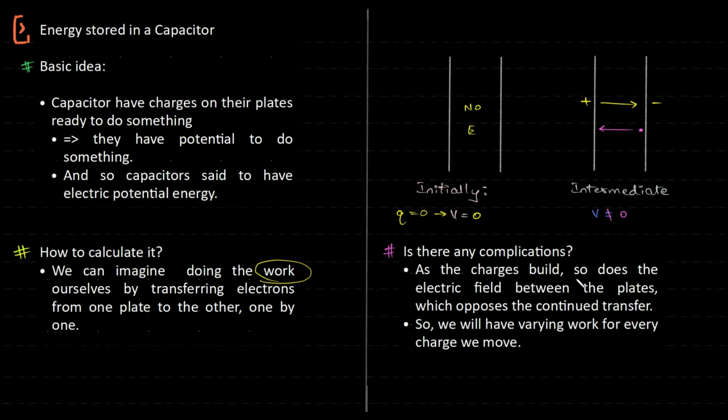As the charge builds, so does the electric field between the plates, right? We had a positive charge and a negative charge on these plates, so they build an electrical field, starting from the positive to the negative. So what happens then? Like how we had derived the work we need to do for bringing in 3 charges from infinity, go back to that derivation.